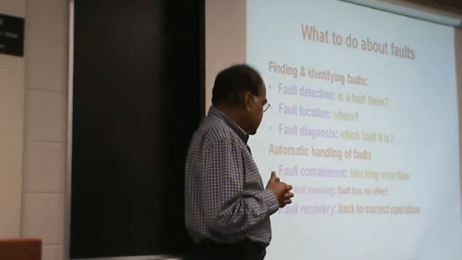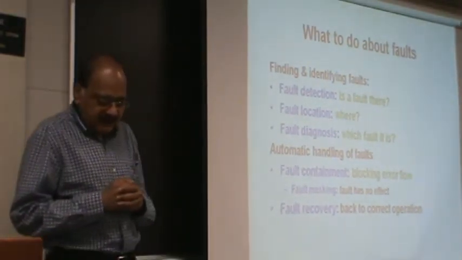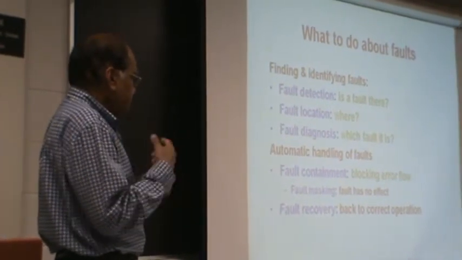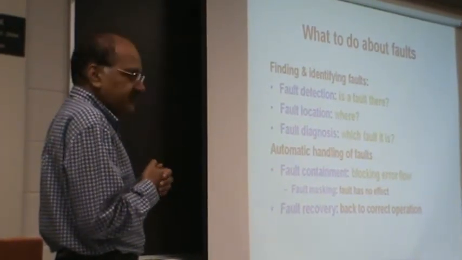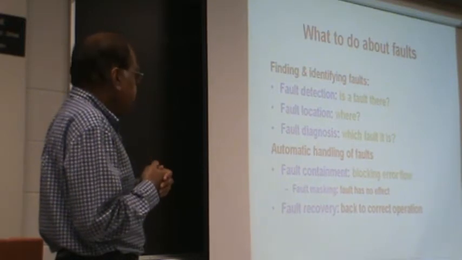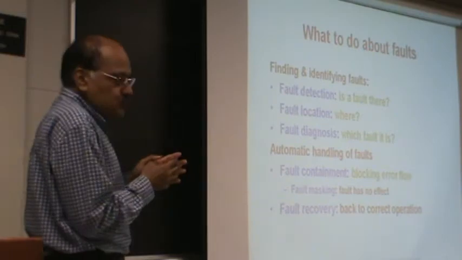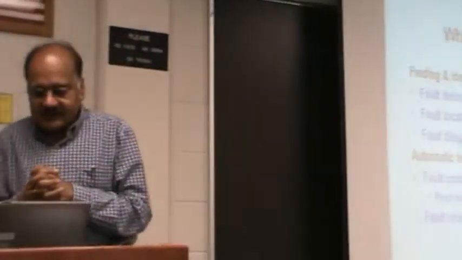And fault recovery: somehow you have to get back to correct operation. So a mechanism for recovering from a fault. These are the things you can do regarding a fault once a fault has been encountered.